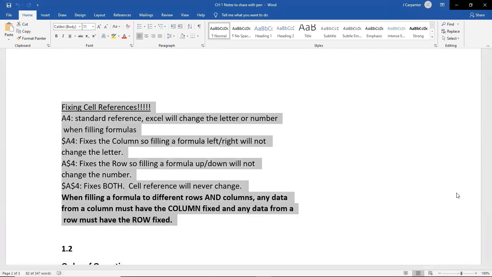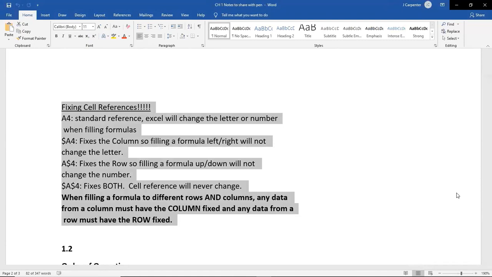And the reason was because whenever you fill a formula down or right or left or up in Excel, whenever you type that formula once and then you want Excel to apply it to 10 or 50 or 1,000 different cells, as you're dragging that formula down, as you're filling it down more specifically, or right or left or up, whatever it is, Excel is going to assume that you want the cell references to adjust accordingly. In other words, if you're moving down, that you want the cell reference to move down with you. If you're moving right, that you want the cell reference to move right with you.